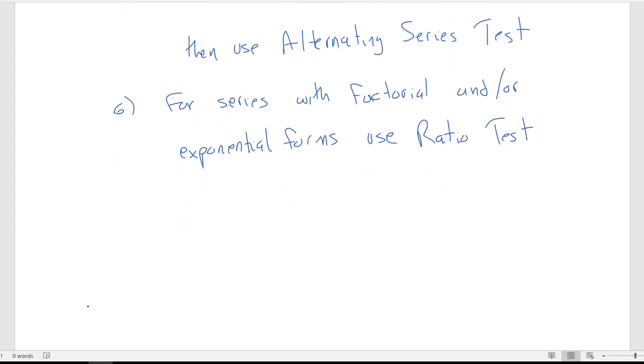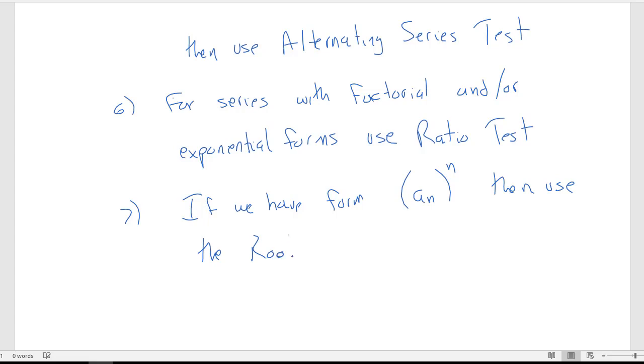Now we also talked about the root test. The root test was a real special type of form. So if we have the form, let's say (a sub n) all raised to the n, then we would use the root test. We typically don't see a whole lot of series of that form, but if we do, then that is a very convenient test to utilize.